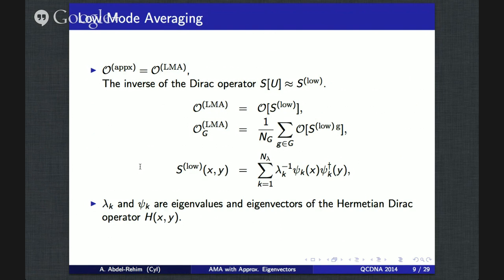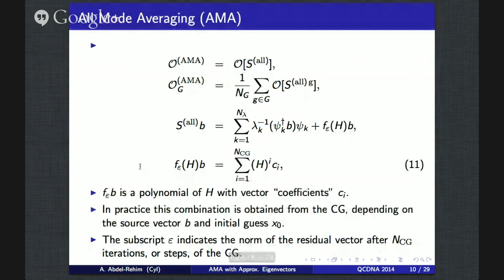And this works for some observables, but it does not work for all, and also it works at some time shifts or time locations, not for all time locations. So in this sense, it's limited. I'm not going to go further than this, because what we are interested in is this all mode averaging.